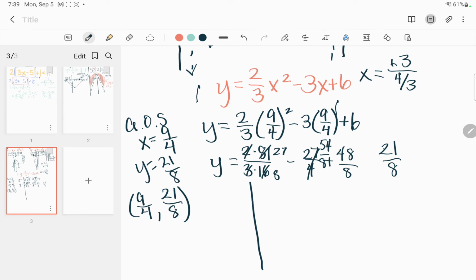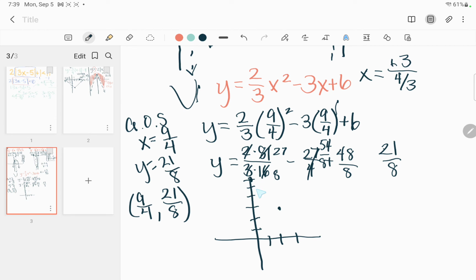This is, again, a function that's going to open up. 9/4 is 2.25. So that's going to be right about here for my vertex. And what I know about this function is that it has a y-intercept at 0, 6.